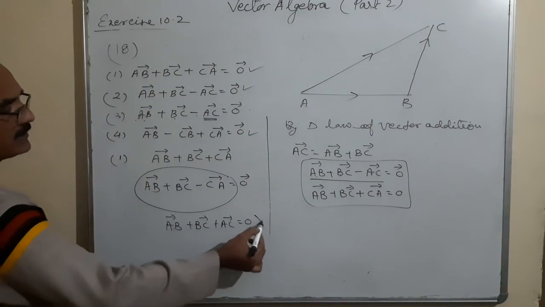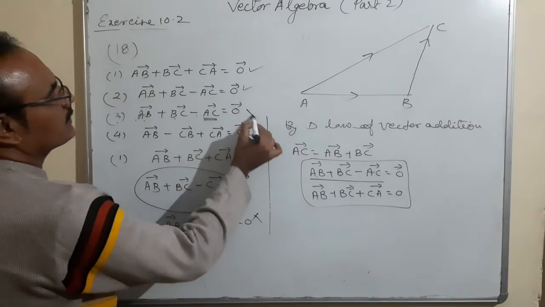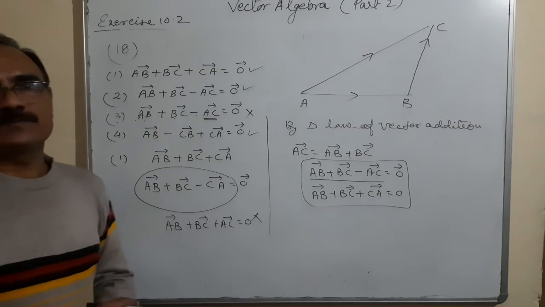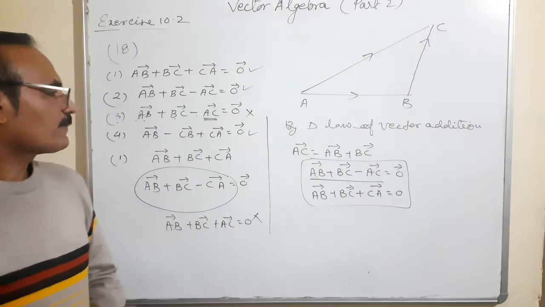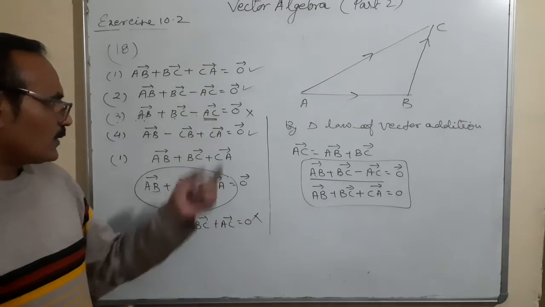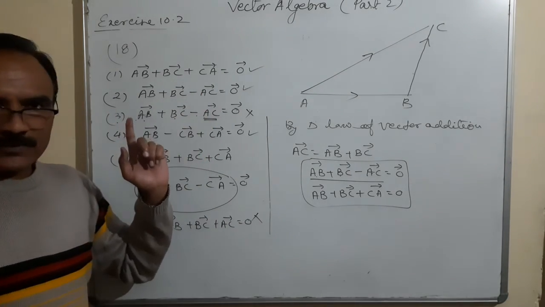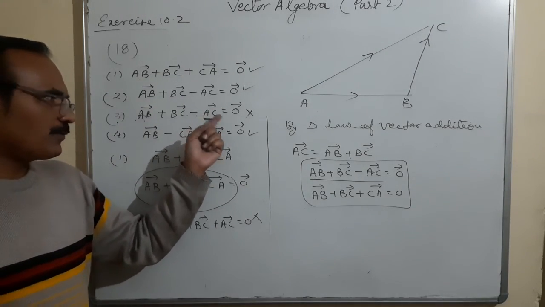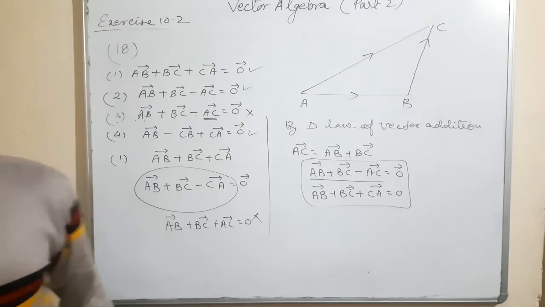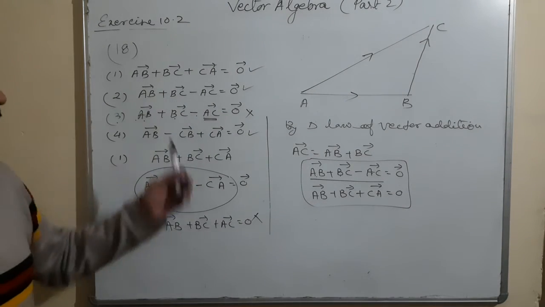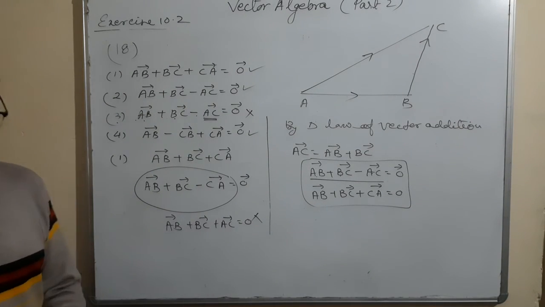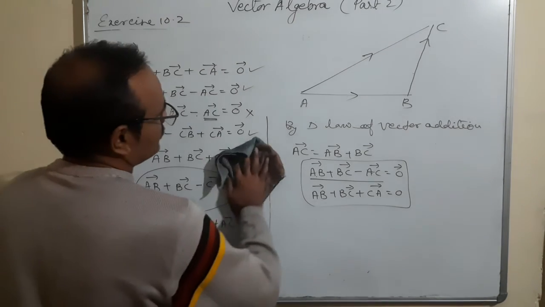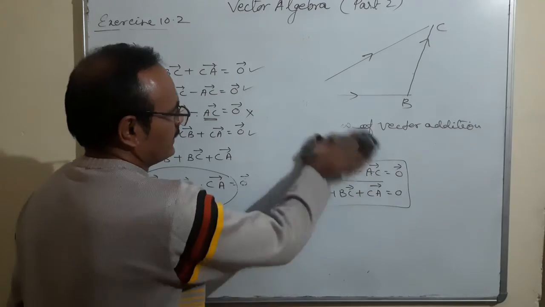So the third part is not true. Otherwise, first, second, and fourth are true. By the way, second and third are the same as given in the book; I changed them by my choice, putting CA in place of AC. Maybe second or third is different from the book, so you can change it. Otherwise, all are okay as per the triangle law of vector addition.